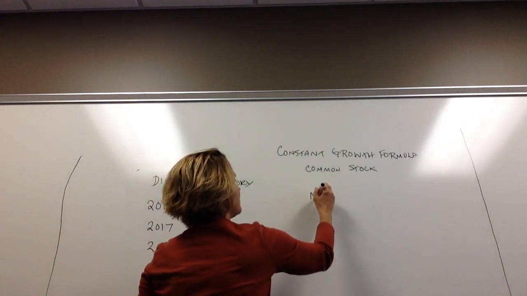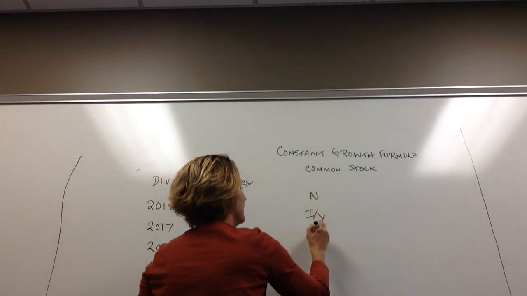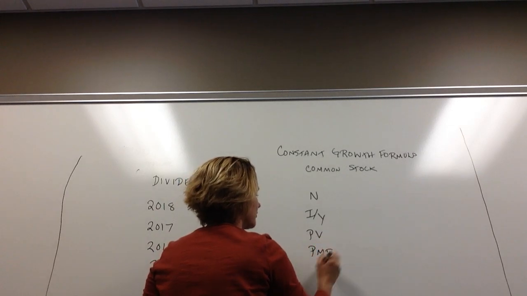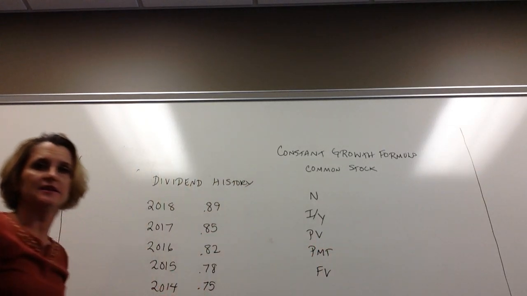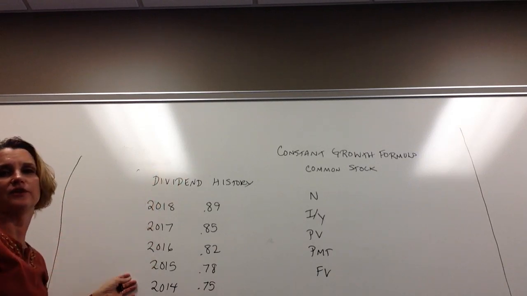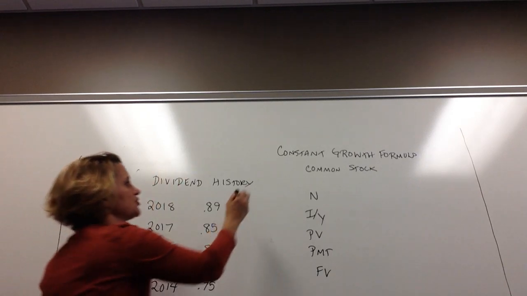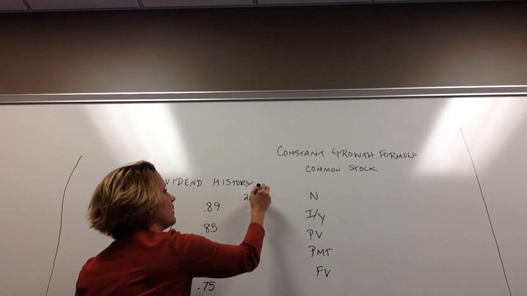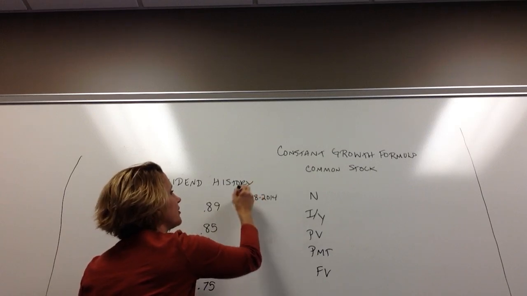So we can go to our time value of money keys and calculate what that growth rate is. Now the key to these ones is don't just look at your number of years. Don't just look here and say, okay, I got 5 years, so my N is 5. It's your difference between the years, so then it's actually 4.